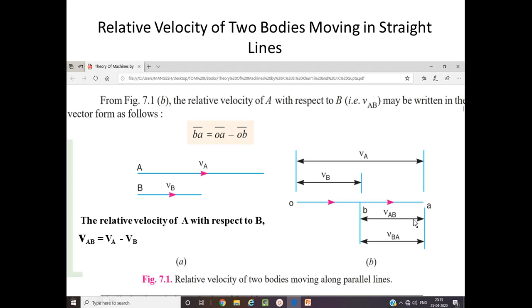If I am writing in terms of velocity, what is vector OA? It is nothing but the velocity of point A. What is vector OB? It is nothing but the velocity of body B. So relative velocity of body A with respect to body B is equal to velocity at A minus velocity at point B.